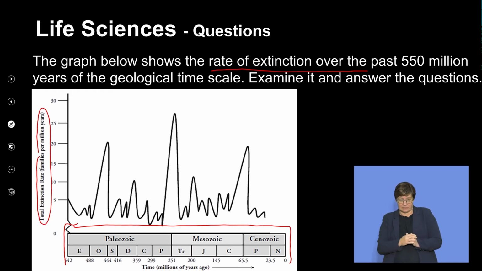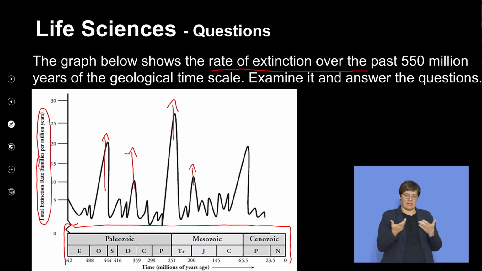In other words, how many families became extinct. And if we have a look, there are peaks in the extinction rate, and these peaks obviously correlate with our mass extinctions, because that's what the definition of a mass extinction is. Many species become extinct at the same time.